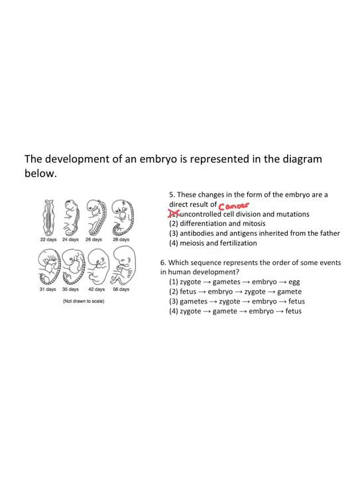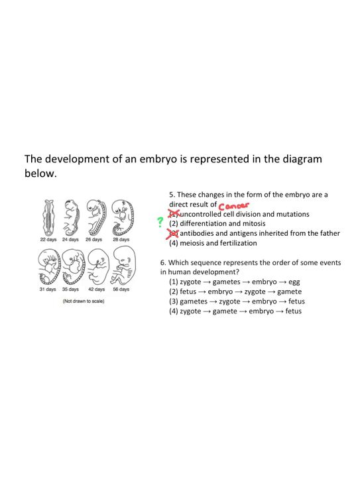Differentiation and mitosis. Well, differentiation would give me the special structures that I see, and mitosis is a form of cell division. So we'll hold on to that one, okay? And we'll look at antibodies and antigens. Well, I might have to cross those out because those are what we use to fight infections. And that leaves me with meiosis and fertilization.